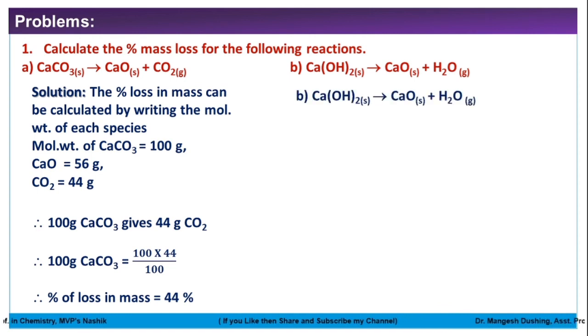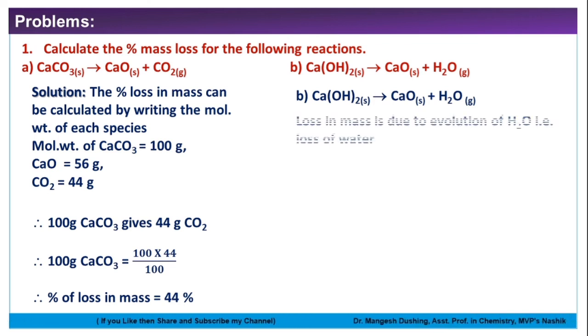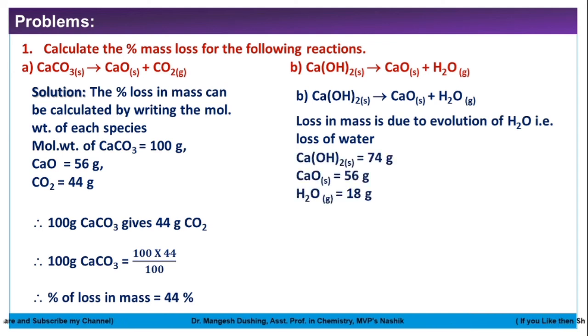For the second reaction, calcium hydroxide to CaO and H2O, the loss in mass is due to evolution of H2O in the form of gas, that is loss of water. So we should know the molecular weight of each compound. Calcium hydroxide is 74 gram, calcium oxide is 56 gram, H2O is 18 gram.